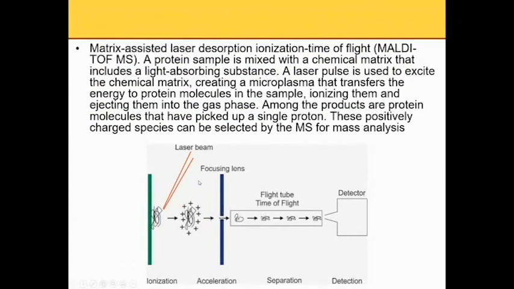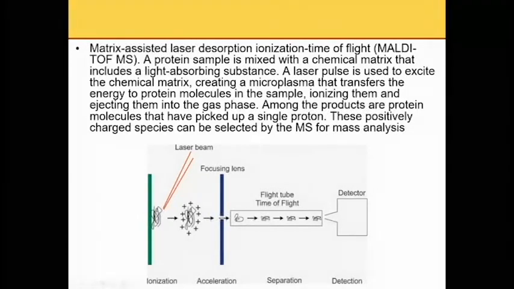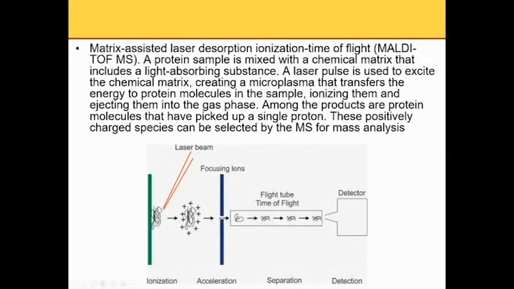The MALDI-TOF mass spec. So you have a protein sample, you place it on this surface, and then you have a laser beam to excite the protein so that it gives the protein a positive charge, and based on the molecular weight, they carry different charges.